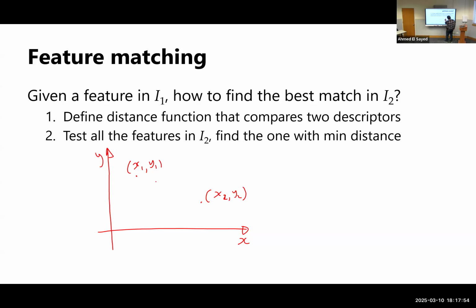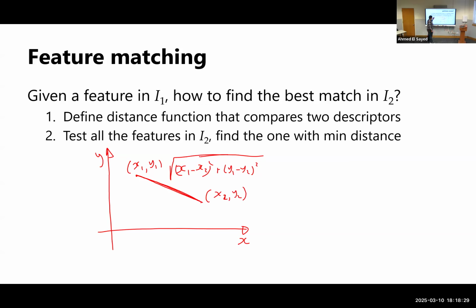I will need to find the length of this line, which can be defined using the distance equation. This is what we call the Euclidean distance. The Euclidean distance is the distance between any 2 points in Euclidean space, which considers the space as flat.